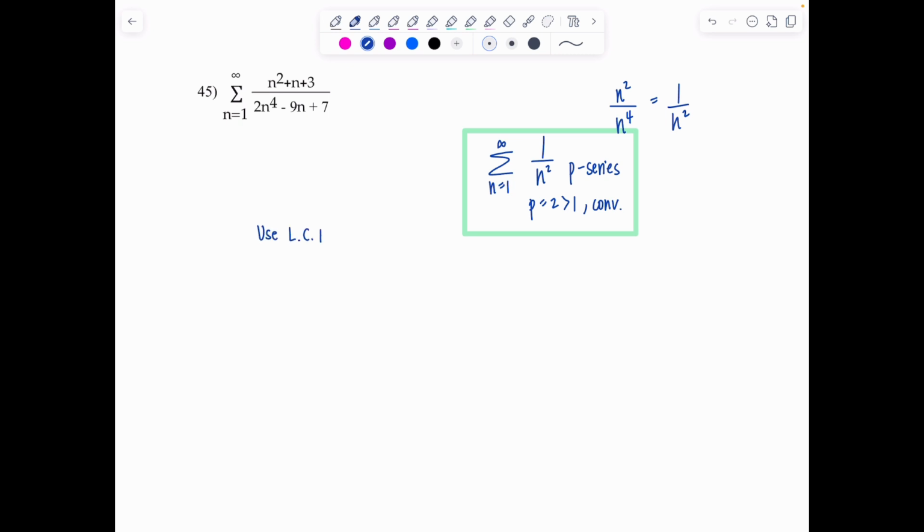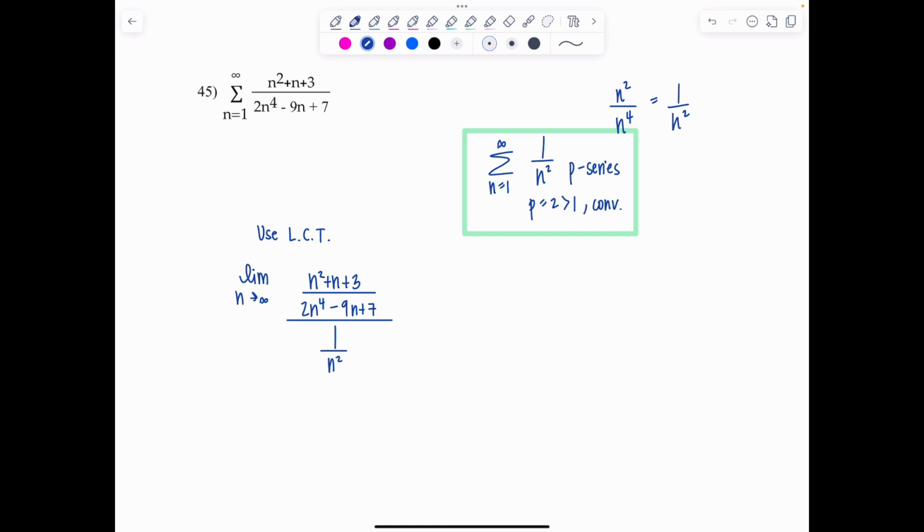I'm not going to fuss with any inequalities. I'm just going to take a limit like a boss. So limit as n goes to infinity of n squared plus n plus 3 over 2n to the fourth minus 9n plus 7, over 1 over n squared.